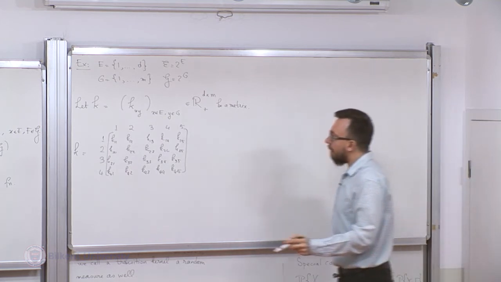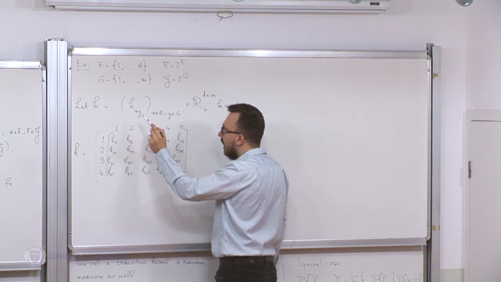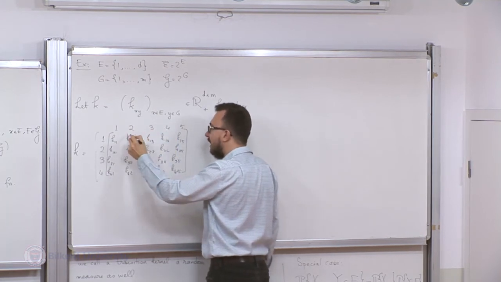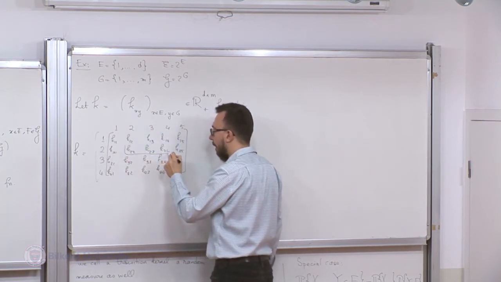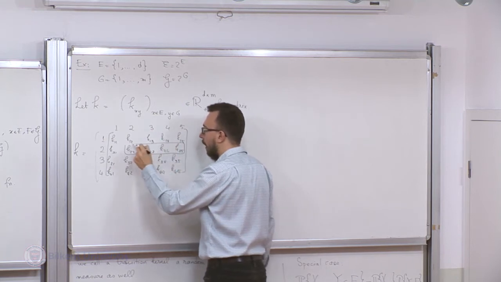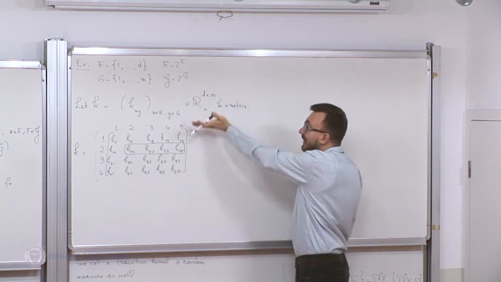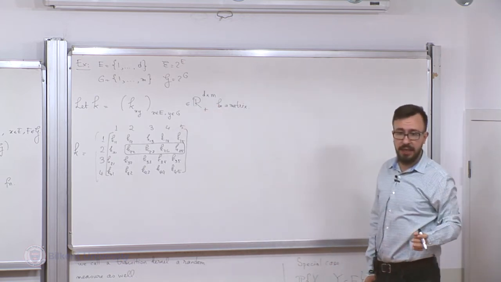So this is going to be my position in the first space. And I should take a set, let's say this set, that I'd like to land in the second space.